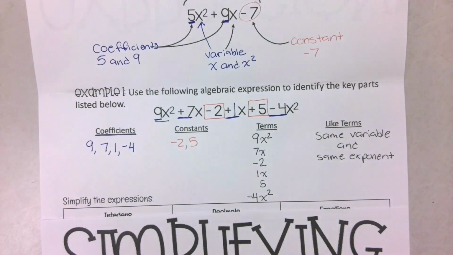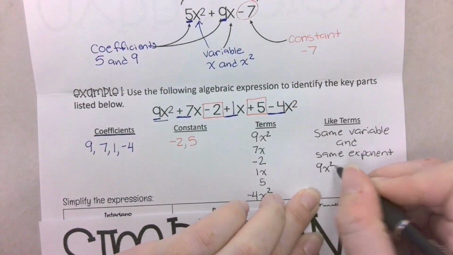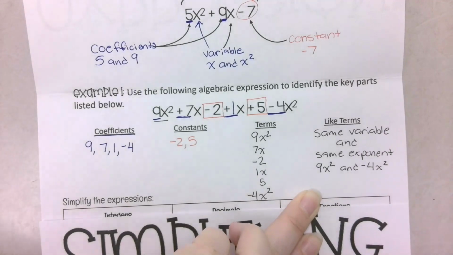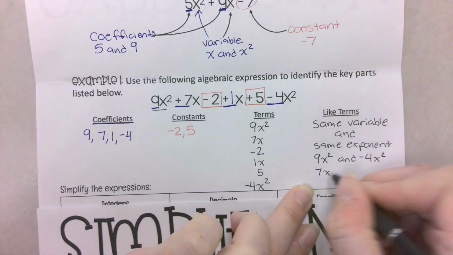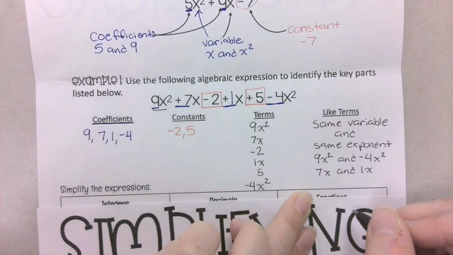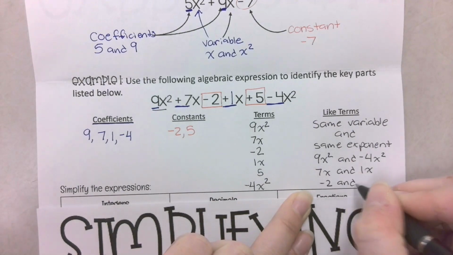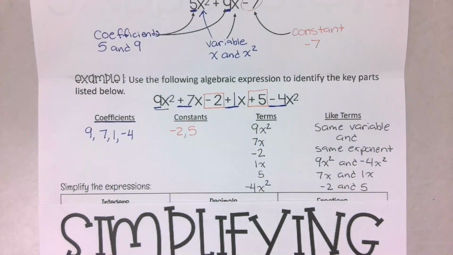So here, an example of like terms would be 9x squared and -4x squared. Another example of like terms would be 7x and 1x. Another example of like terms here would be -2 and 5.